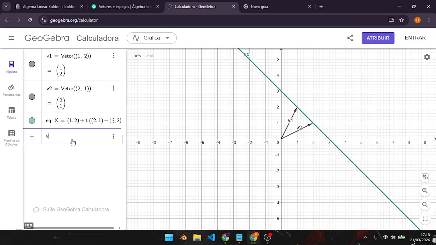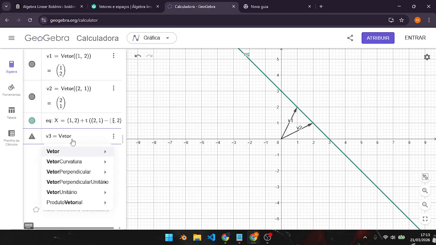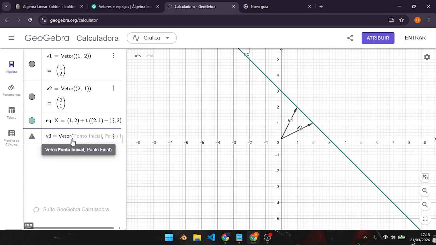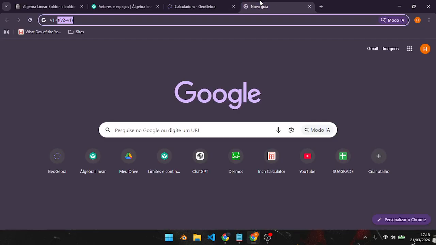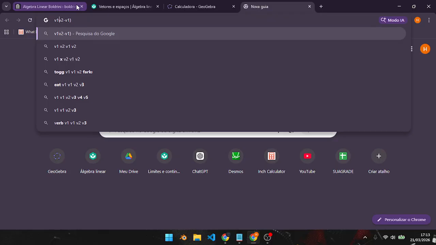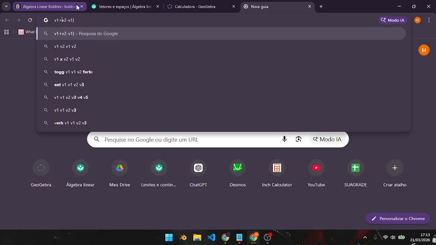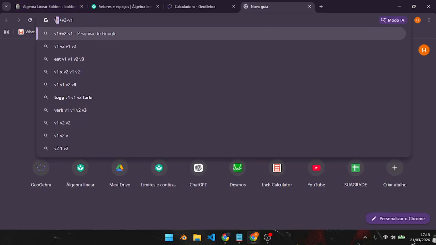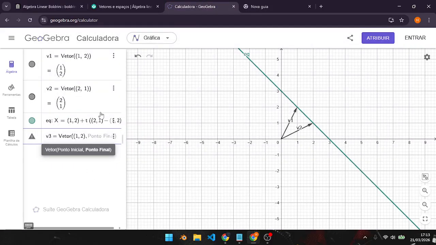So the origin of our third vector is going to be v1, which is, as you can see here, 1, 2. And then its last point is going to be when t is 1. So when t is 1, you're going to have v1 plus v2 minus v1. Then v1 and v1 are taken off, and you're left with v2. So v2 is going to be 2, 1.